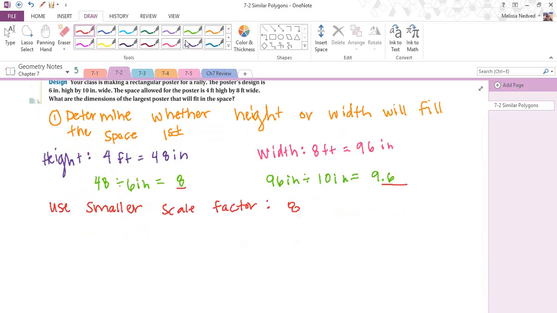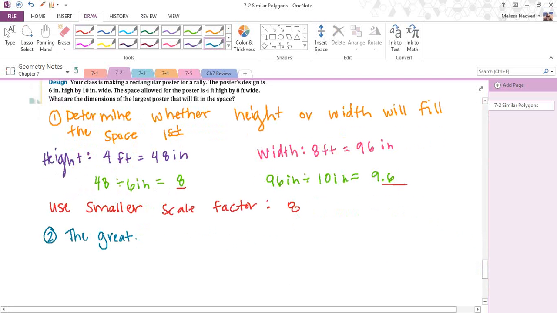So the second part of this is actually finding out what those values are. So part 2, we know that the greatest height is 48 inches. So we already know our height is 48. So we need to find the width.